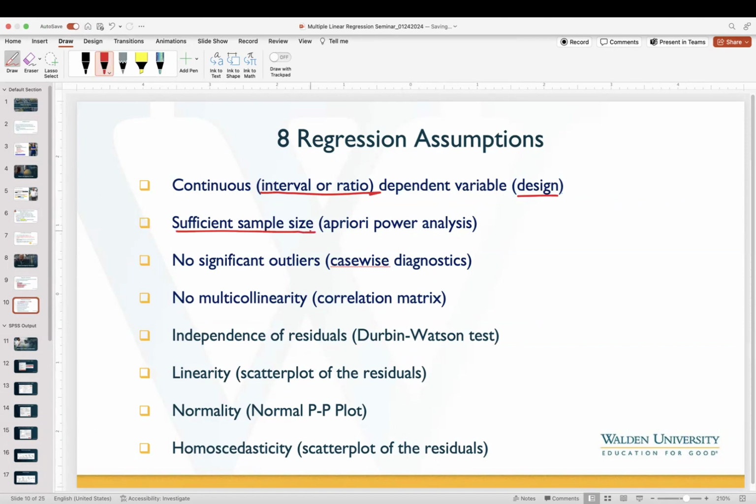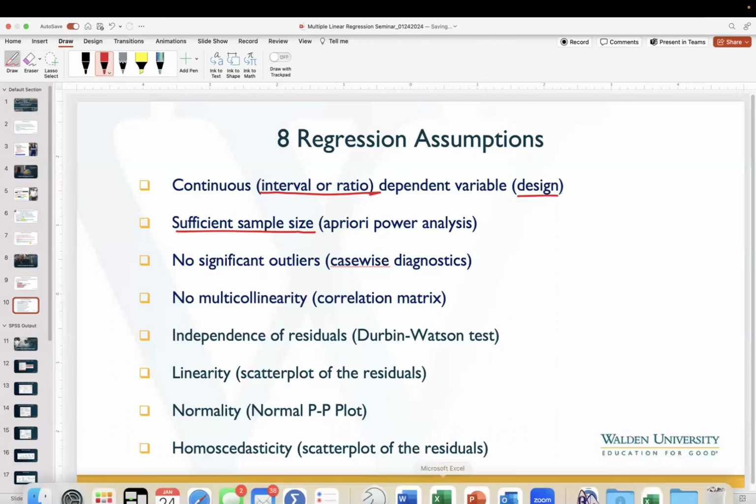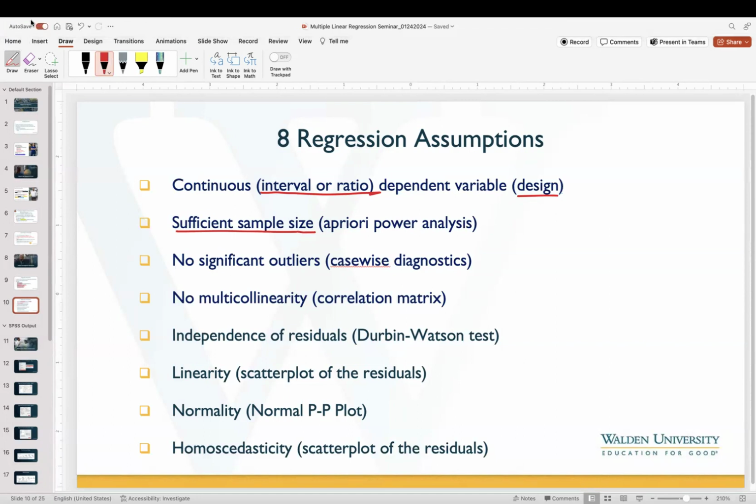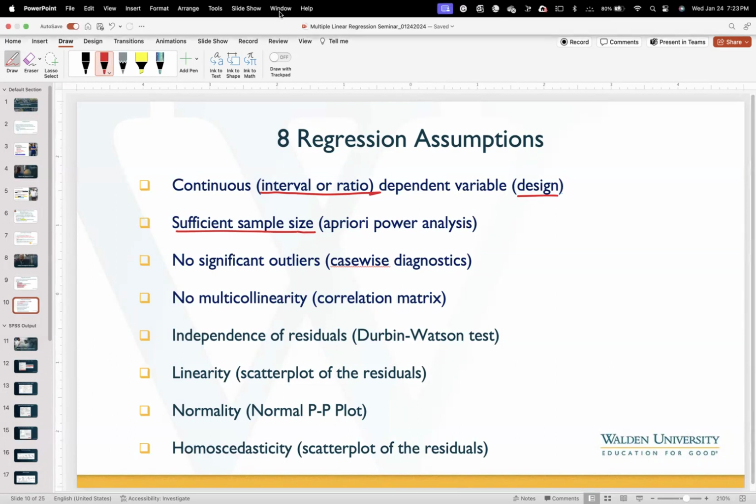There must be a minimum number of cases, or a minimum number of records that we are reviewing, for our quantitative study. No significant outliers. We know that outliers wreak havoc when we're doing prediction and correlation tests.